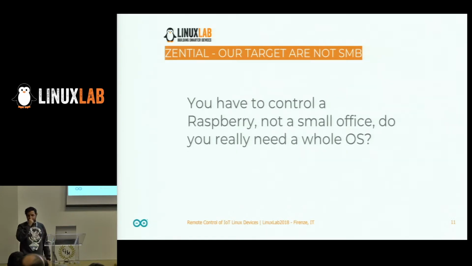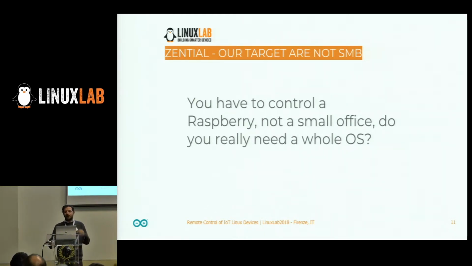Zentyal is a solution for small and medium business. It doesn't fit a Raspberry, or even if it does fit a Raspberry, why would you need a custom OS just to use a small portion of their features?